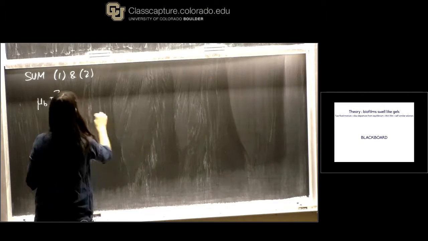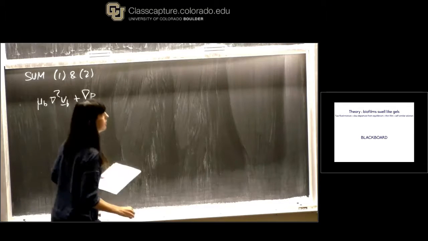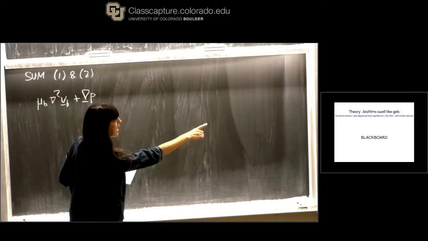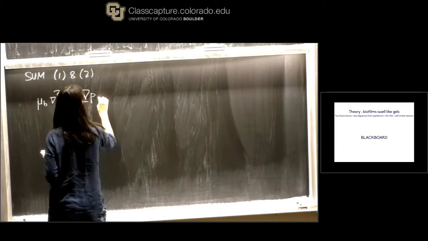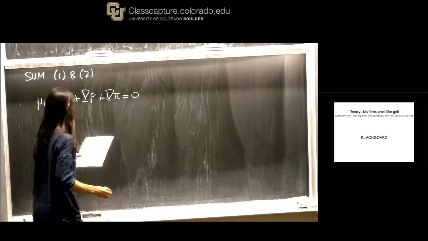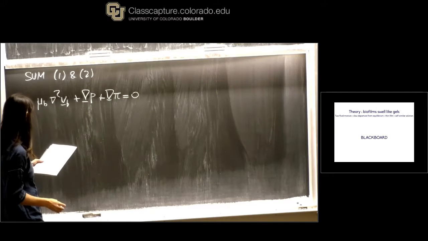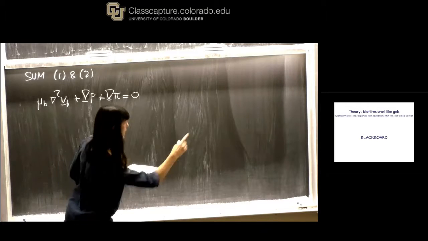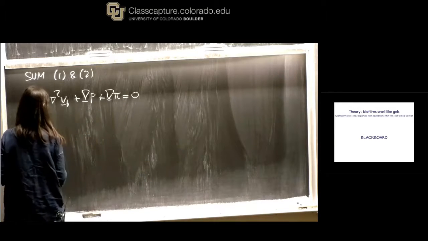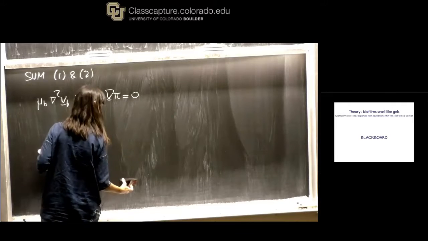Then I sum those two, I get the gradient of P, and then I have plus the gradient of osmotic pressure. I hope the signs are right. And they're not, because there's a minus. Let me write it like this. This is wet.